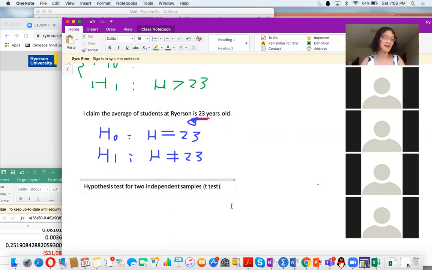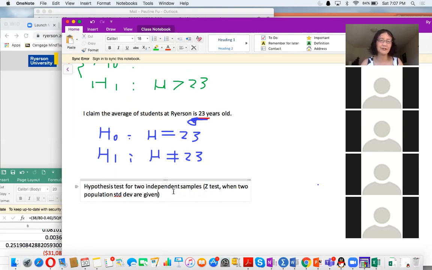We seldom use z-test. Maybe start off with the z hypothesis test for 2 independent samples. When you use a z-test, that means the 2 population standard deviations are given. You use the z-test to compare 2 population means.